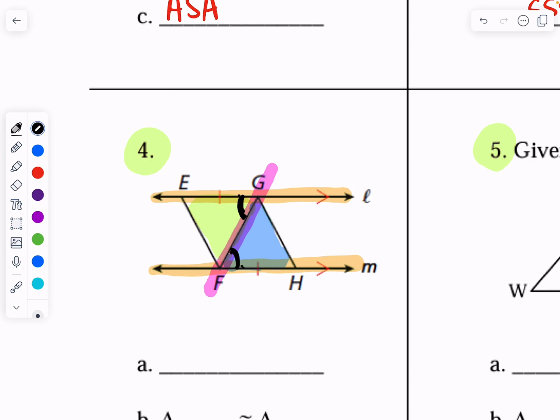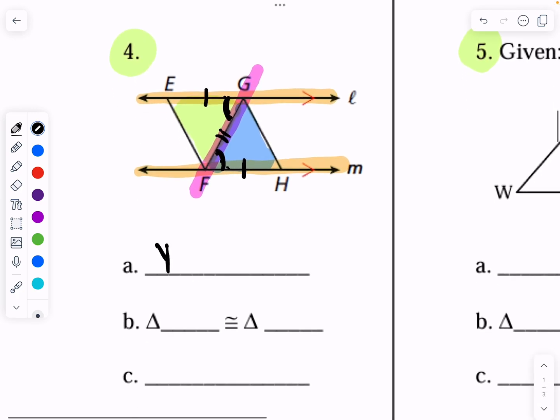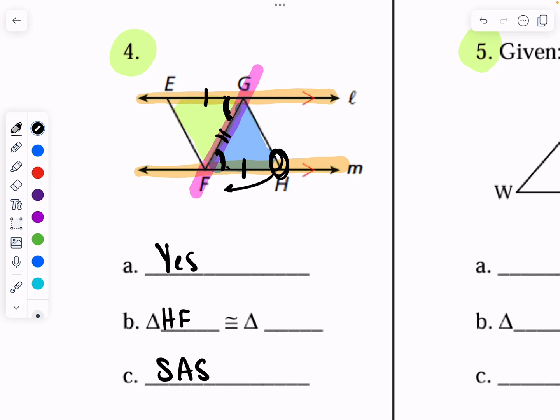And thankfully for me, one is in the blue triangle and one is in the green. So from there, I also have a side marked here. So I have side and angle, and then I also have this by reflexive property. So these also would be congruent by side, angle, side. And then if I start here and work my way around, let's say it's HFG, this one would be EGF.